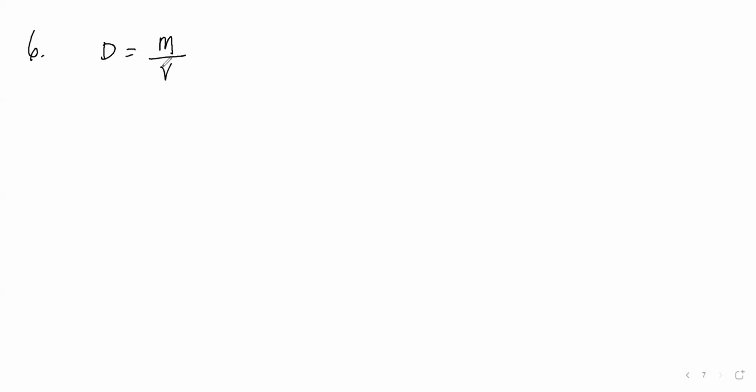Density is equal to mass over volume. Find for V, the volume. So we have density equal to mass over volume. You're finding for V. You're doing this last question.